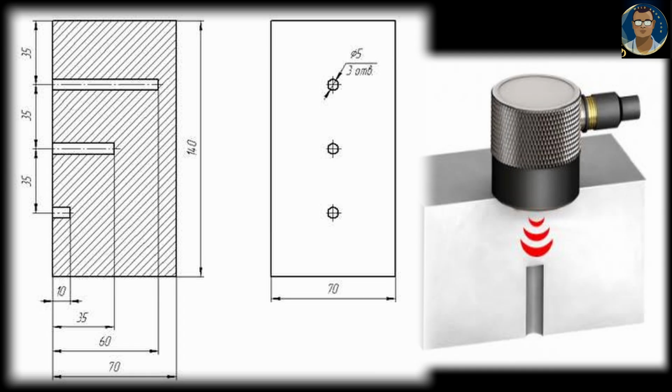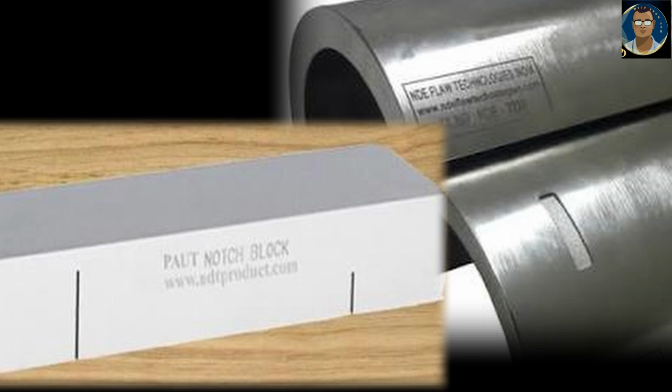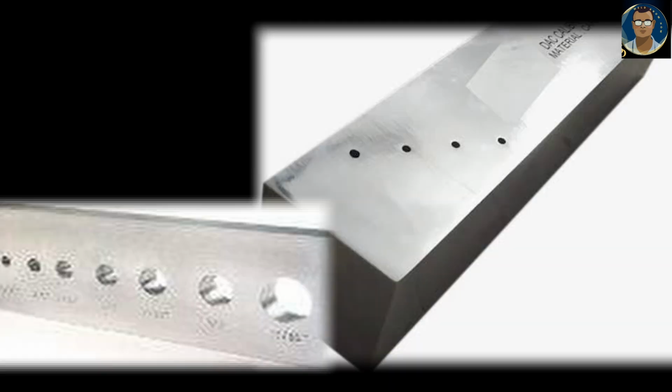The flat bottom hole, typically 1 mm to 3 mm in diameter, is drilled at various depths or zones to mimic internal flaws like lack of fusion. Notches, outer diameter or inner diameter, square or V notches, verify the surface breaking response. Then through wall holes are used for setting time bases, gate positions, and distance calibrations.